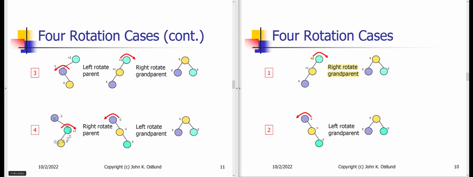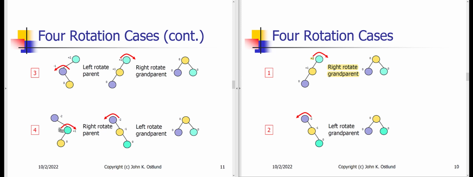The final case is the mirror case of that. Okay, this time we have the root node with a height of 2 to its right side and a height of 0 to the left. And it won't be a big shock to realize that we're going to do the mirror of what we did in situation 3.